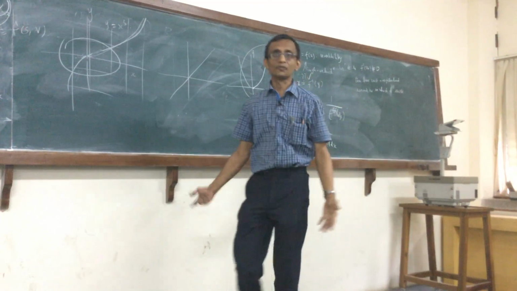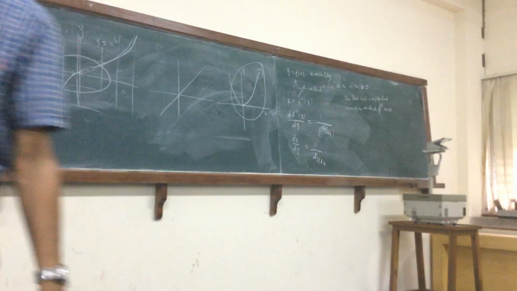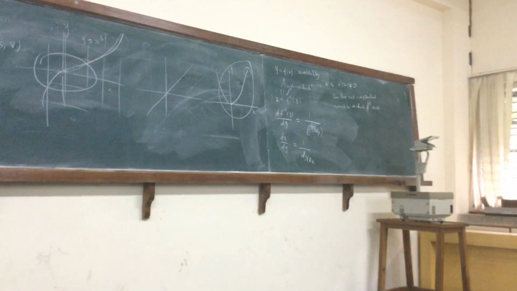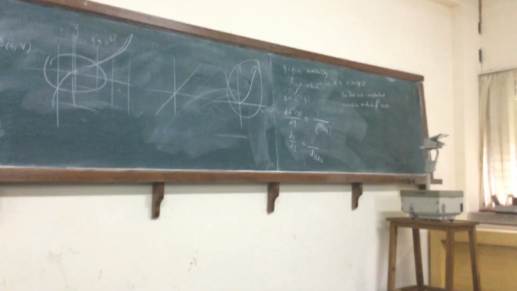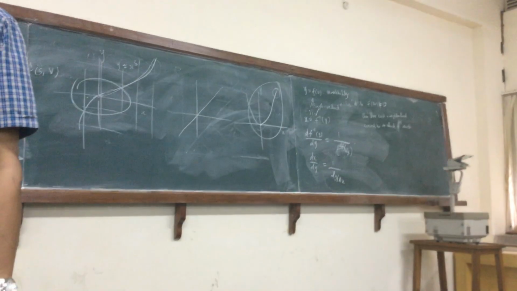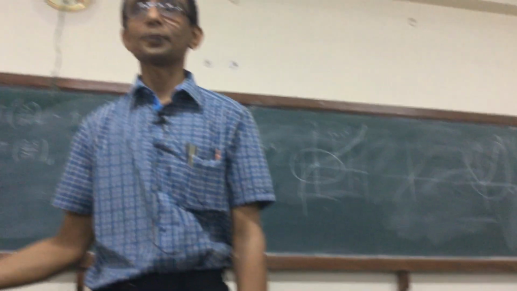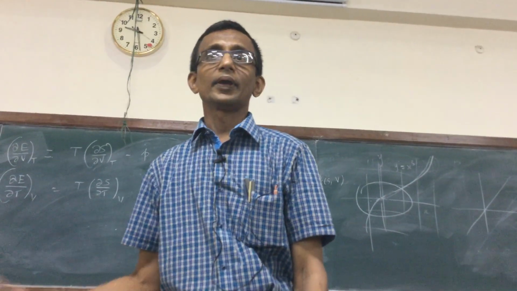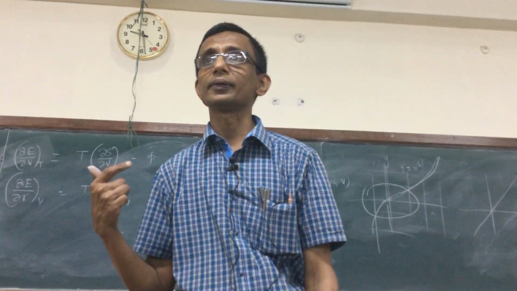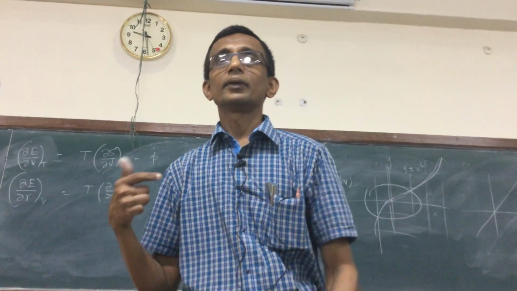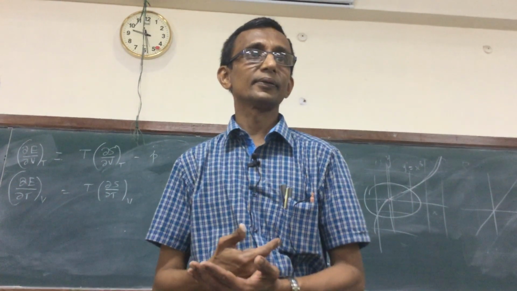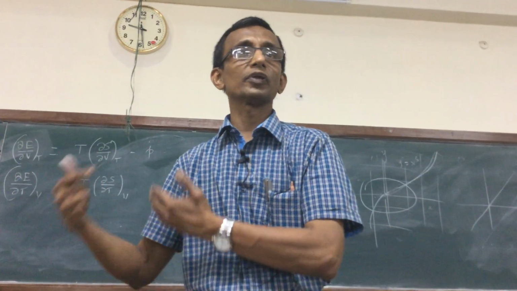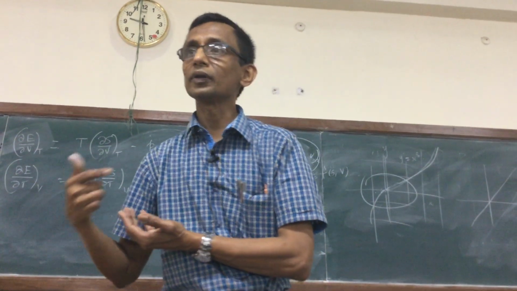Otherwise the function is not even defined as a single valued function, and there is no question of talking about its derivative. So first the condition of invertibility has to be satisfied, then the inverse function theorem says that the inverse function exists, and it also gives a formula for the derivative of the inverse function.